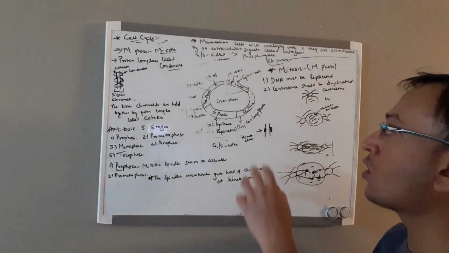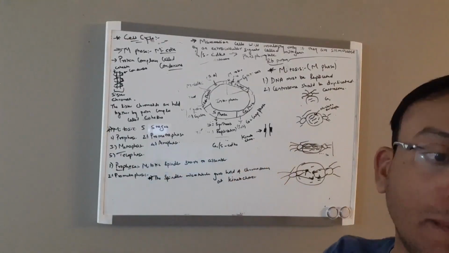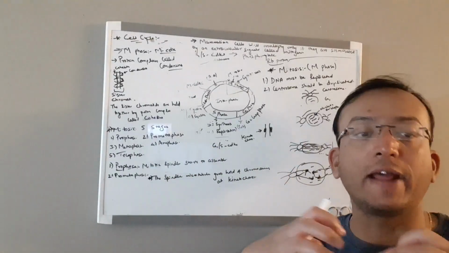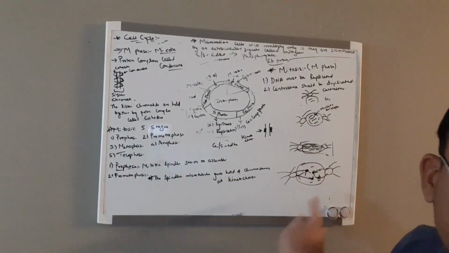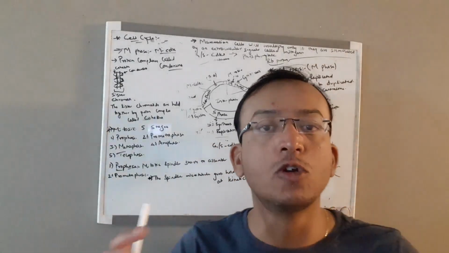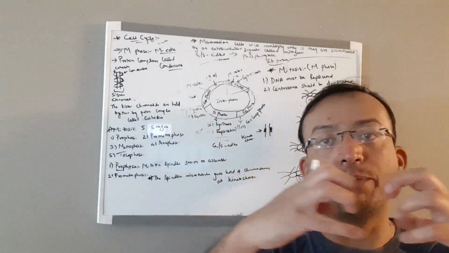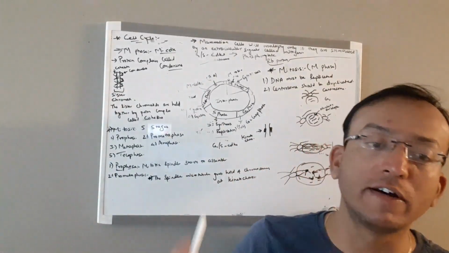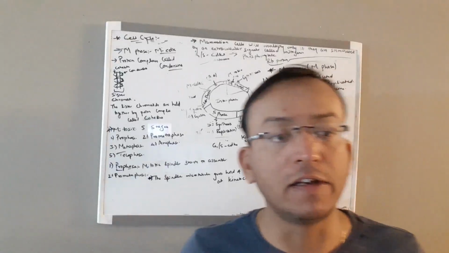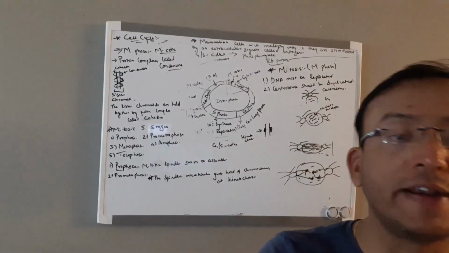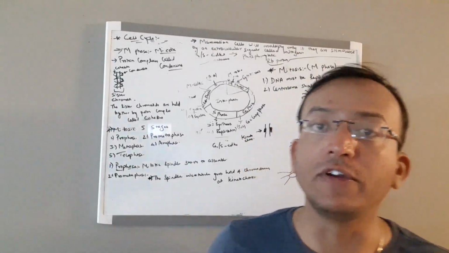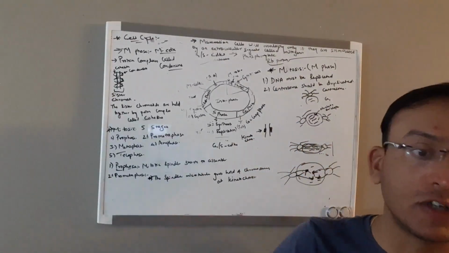Because the kinetochores of these two sister chromatids face in opposite directions, they tend to attach to microtubules from opposite poles of the spindle, so that each duplicated chromosome becomes linked to both spindle poles, and the attachment to the opposite poles, that's called bioorientation, generates tension on the kinetochores, which are being pulled in opposite directions.